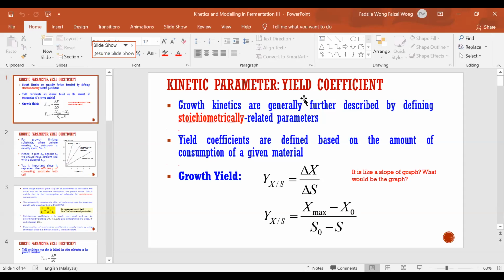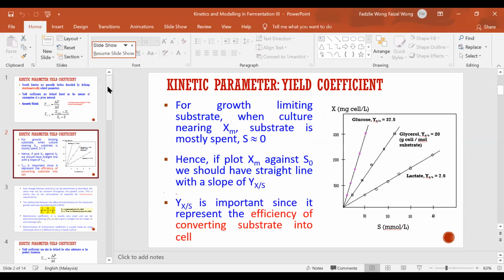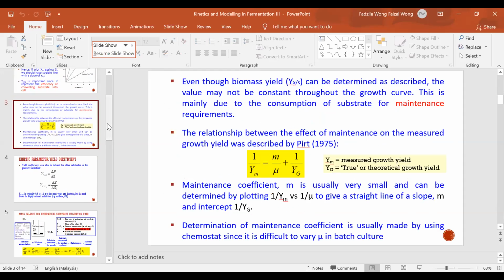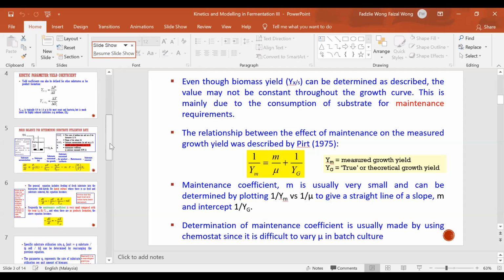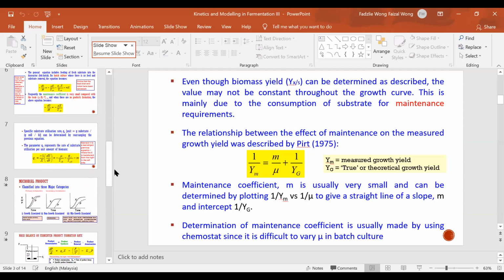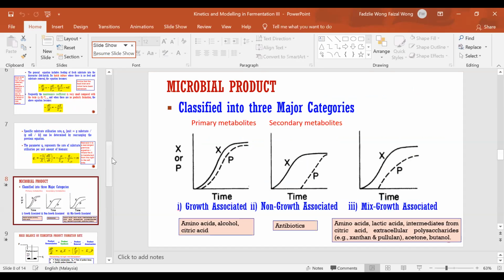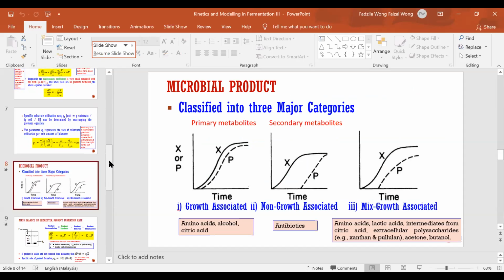And then we move to the substrate one. The substrate one, we talk about the general accumulation of substrate in the bioreactor, and then we specifically touch on the rate of substrate utilization, wherein it is divided into three: the one used for growth, for maintenance, and also for product formation. And then we talk about product formation, the categories for the Luedeking-Piret: growth associated, non-growth associated, and mixed growth or partially growth associated.